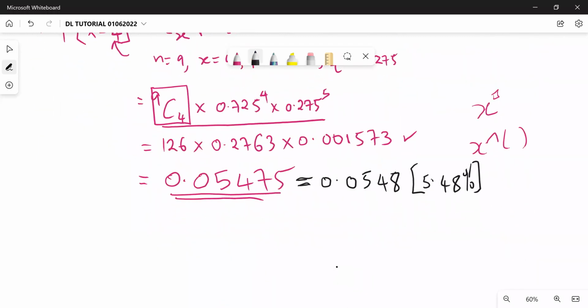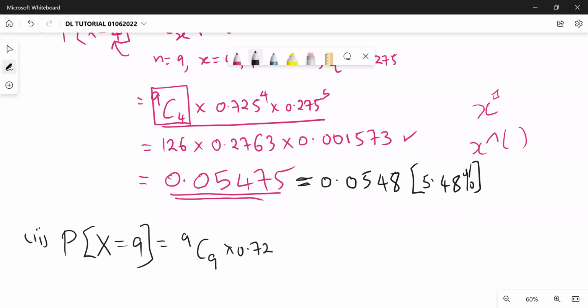Now let's look at Roman 2. Roman 2 says the probability that all flights are on time. So it means the probability that X is equal to 9. And this will be given by 9 combination 9, times 0.725 power 9, times 0.275 power 9 minus 9, which is 0.